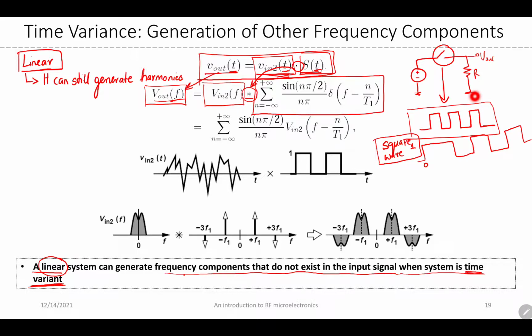Now, the spectrum of a square wave signal is nothing but a sinc function, right? You should remember this from your signals and systems class. So it forms sort of a sinc function, and then for example, this is the spectrum of your input signal V in 2. The output would be the convolution, and the way we do convolution is we sweep across this frequency band through all those different frequency components.